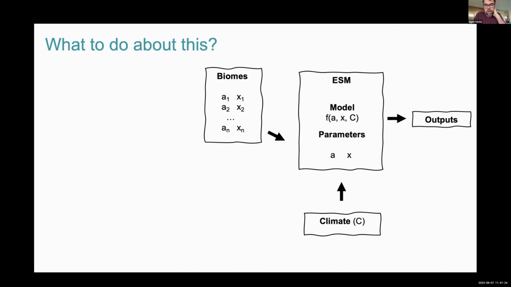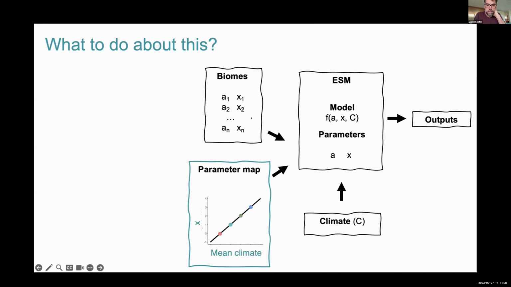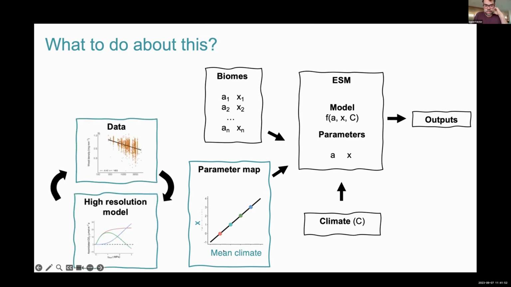So an alternative idea, which I've loosely discussed with some of you, is what if we could make parameter maps where we map the mean climate onto things like traits or biomass fractions, which could inform, basically you had one woody PFT, but the woody PFT would change in its parameters in response to the sort of climate that it's been experiencing on some time scale.